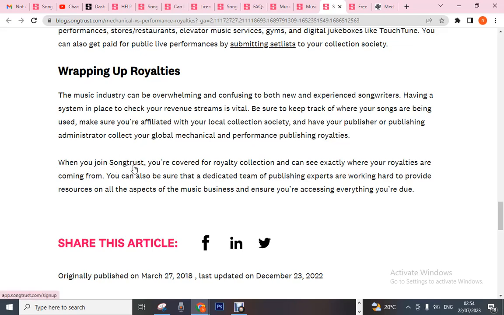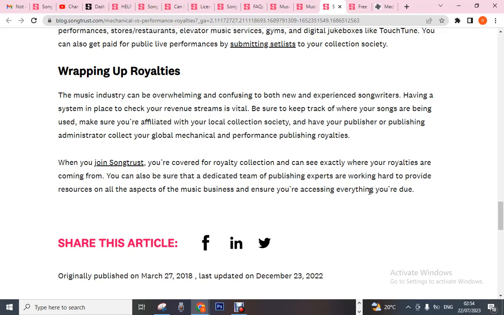When you join Songtrust, you are covered for royalty collection and can see exactly where your royalties are coming from. You can also be sure that a dedicated team of publishing experts are working hard to provide resources on all aspects of the music business and ensure you are accessing everything you are due.